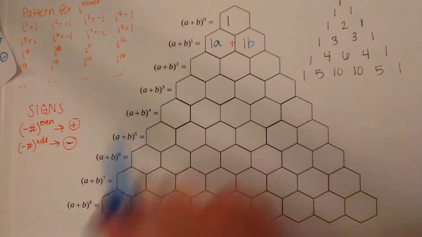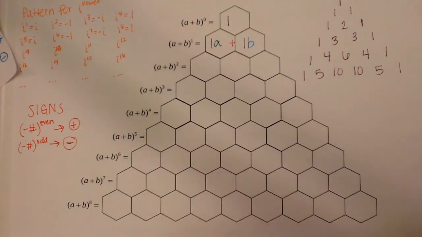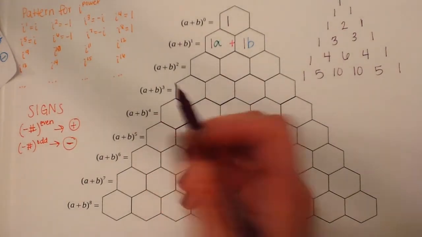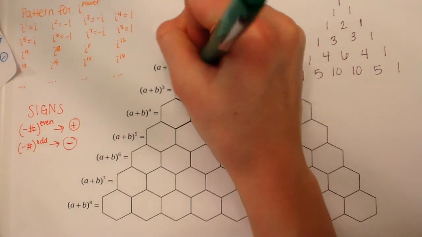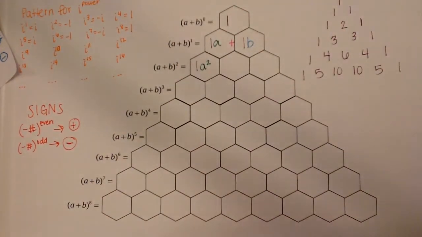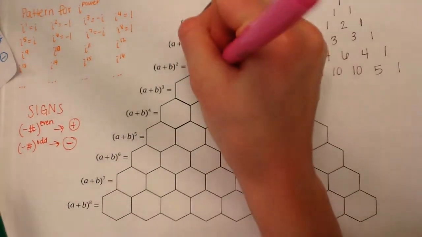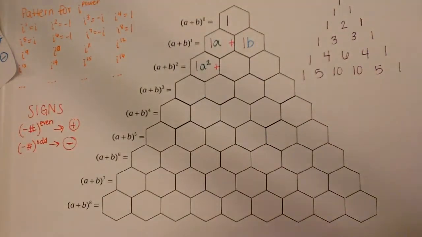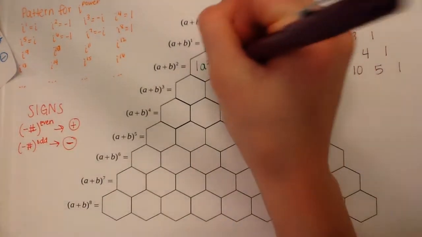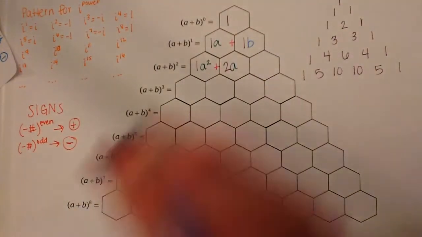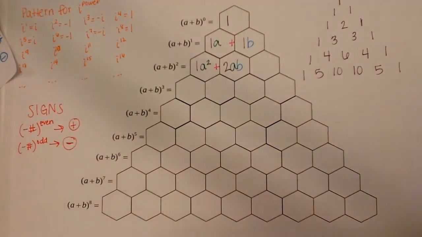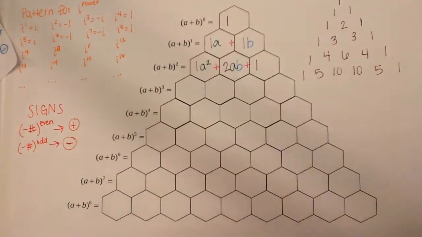Then if we have a plus b squared, if you were to FOIL that out, so if you took a plus b times a plus b, you'd end up with 1a squared plus 2ab plus 1b squared.